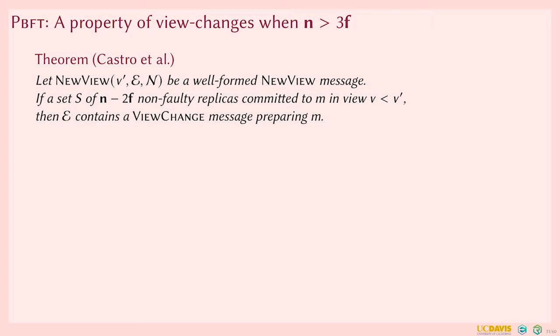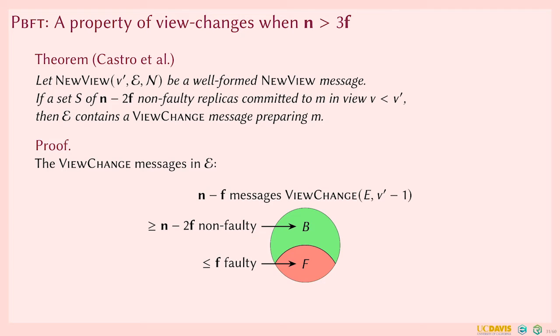In PBFT this is quite easily maintained, and to prove this we can use a similar argument as for the non-divergence. Namely, we have n-2f non-faulty replicas that committed to a message, so they all have a pre-prepared certificate proving that. And in the view change message, n-f replicas provided their pre-prepared certificates. Of course, f of those might be from faulty replicas, so we don't base our state on that.